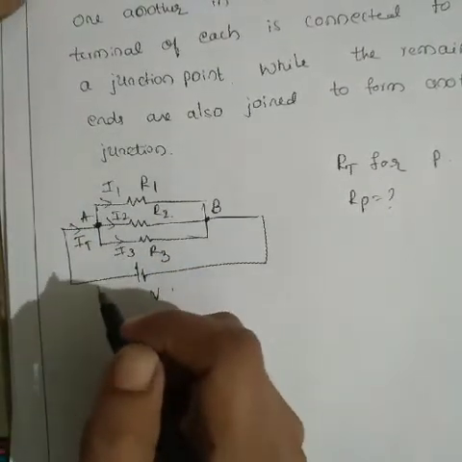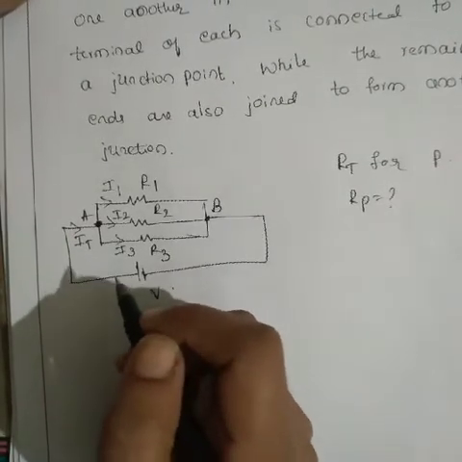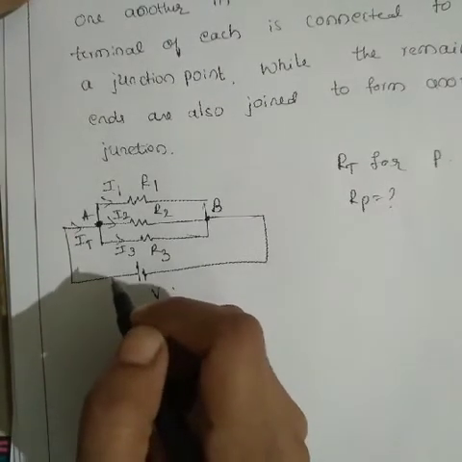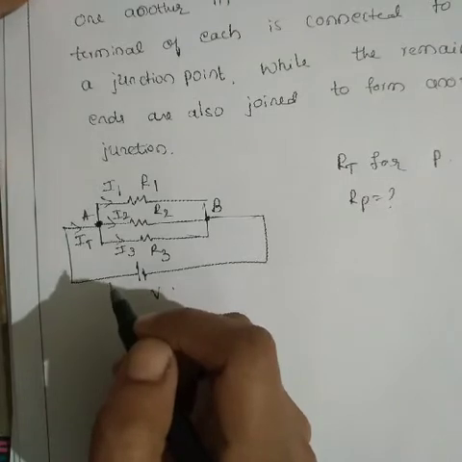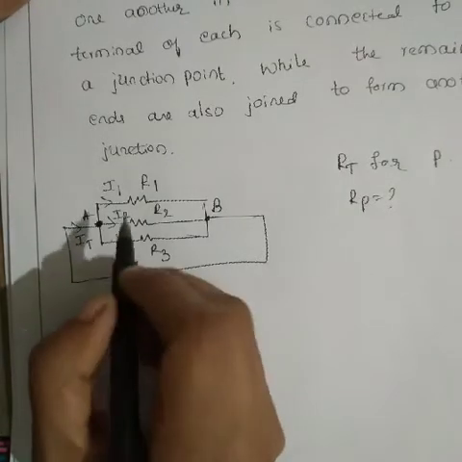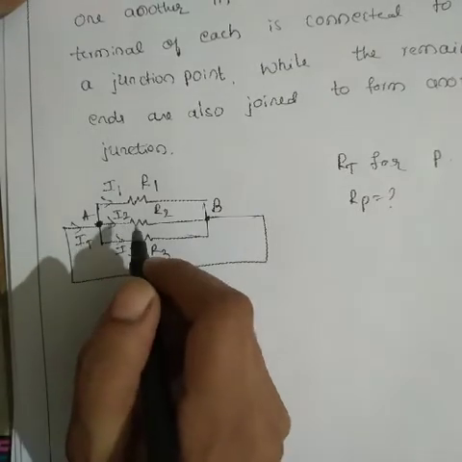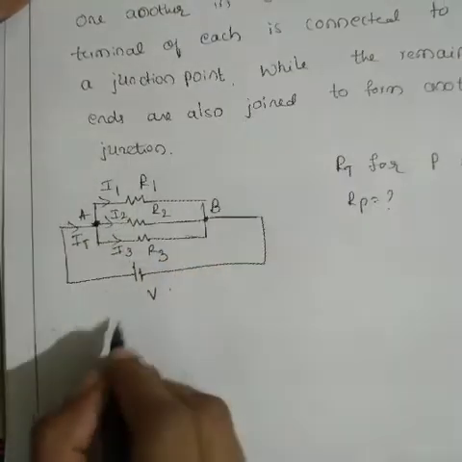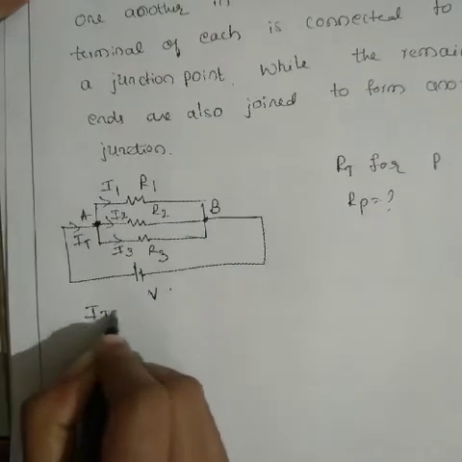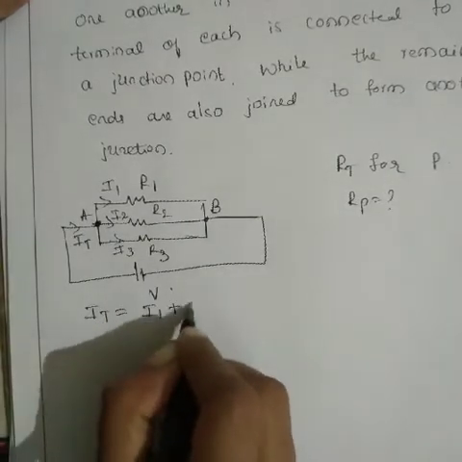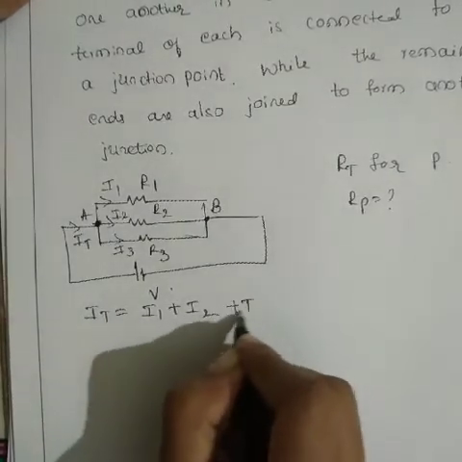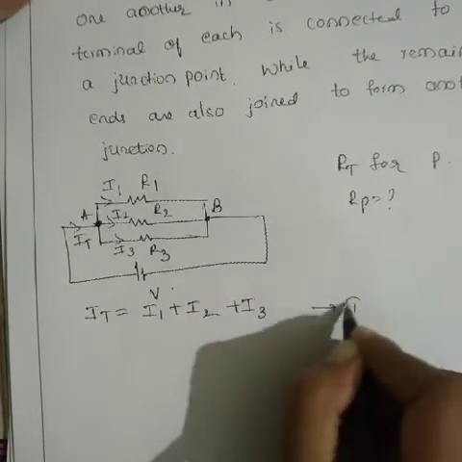In series electric circuits, the total voltage is equal to the algebraic sum of all potential drops across all resistances. But in the case of parallel, the current will be dividing. This is the main difference between series electric circuits and parallel electric circuits. In a parallel electric circuit, IT is equal to I1 plus I2 plus I3. Call this equation number 1.